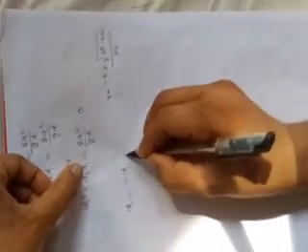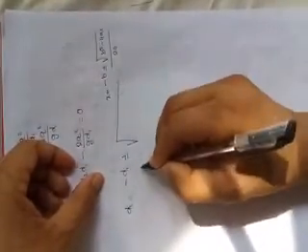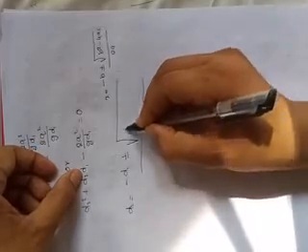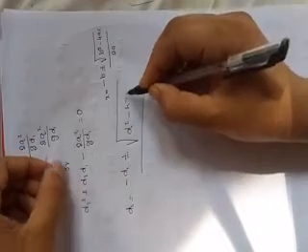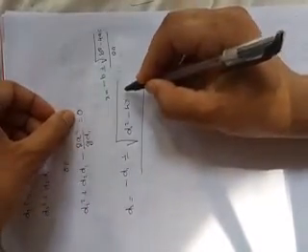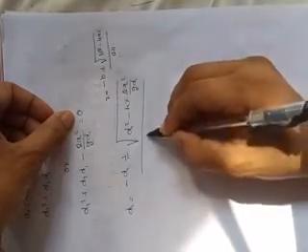Got my point? Plus or minus root of b square minus 4ac. b is d1 here, so d1 square, minus 4ac: 4 into a, and a is 1, and c is 2q square divided by g into d1, divided by 2 into a, which is 1.